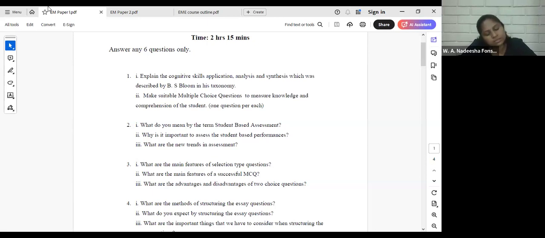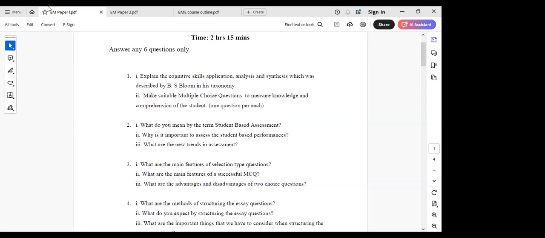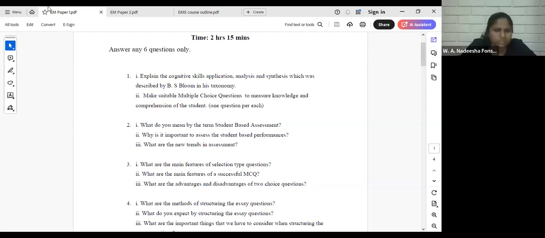PBA, cognitive, psychomotor. Yes, psychomotor domain. We have to use performance-based assessment. So what do you mean by the term student-based assessment? Why is it important to assess the student-based performances? What are the new trends in assessment?